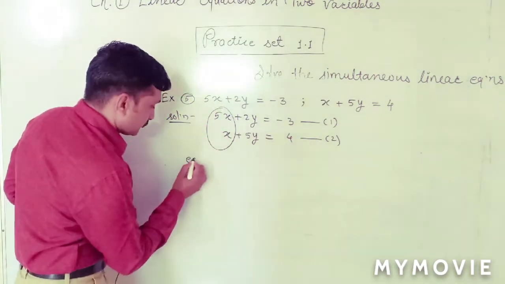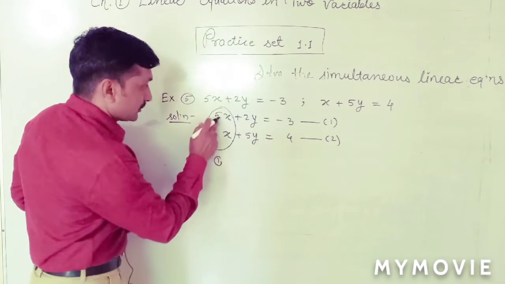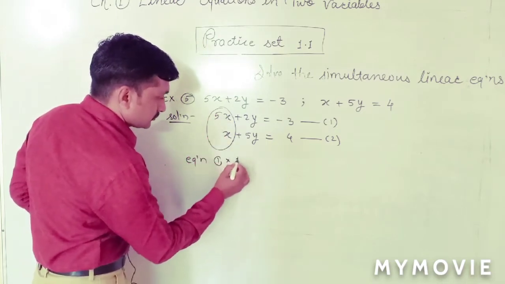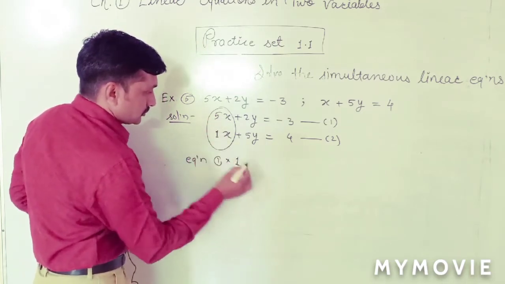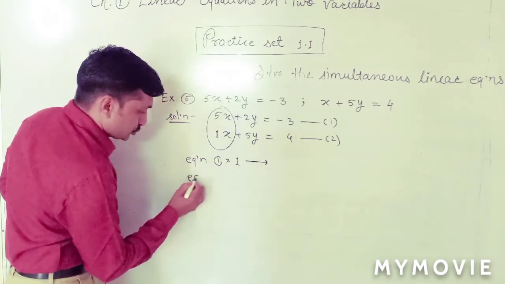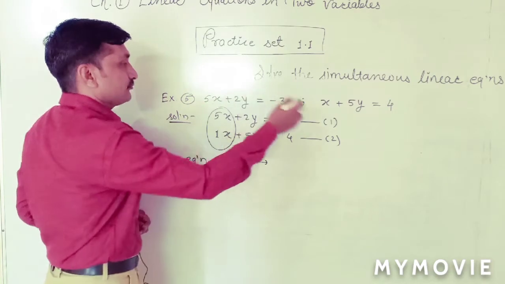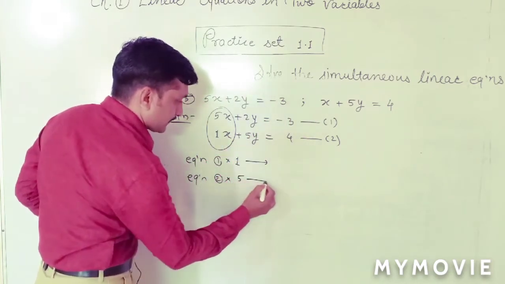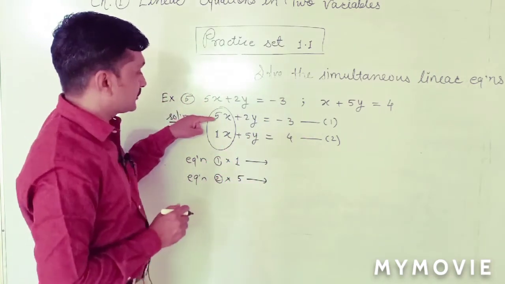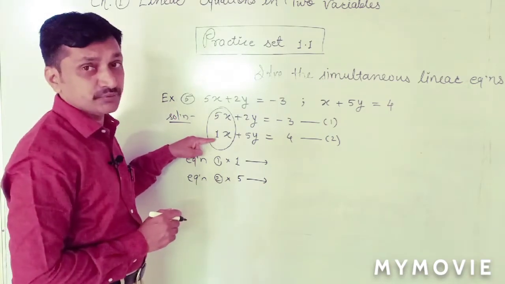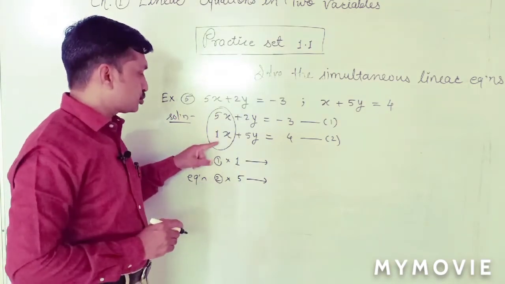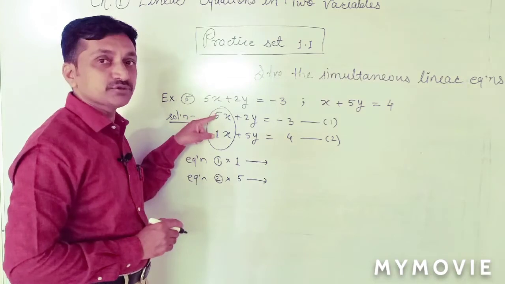Now here equation 1 multiplied by the coefficient of x of the second equation, which is 1, and equation 2 multiplied by the coefficient of x of the first equation, which is 5.